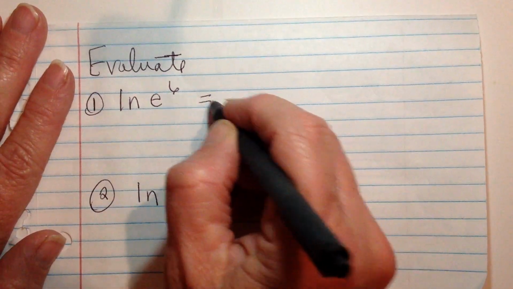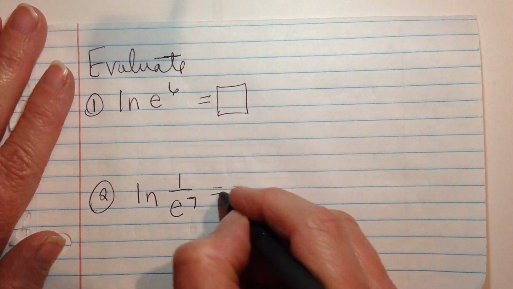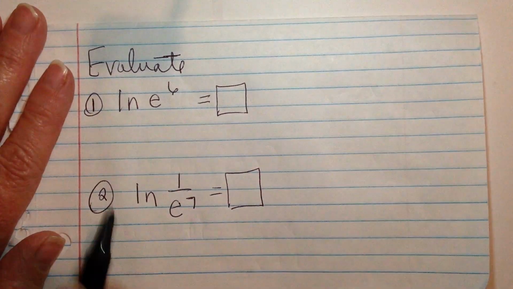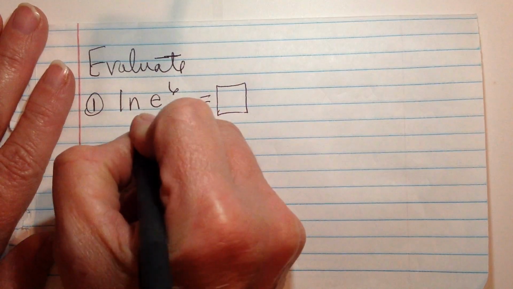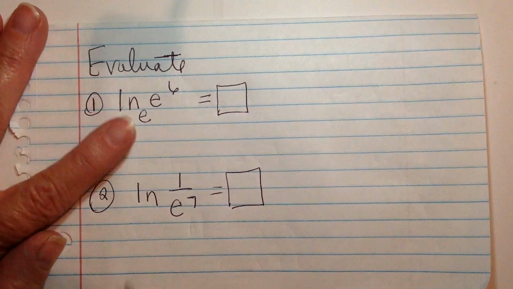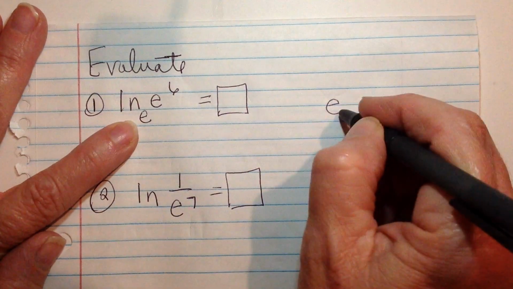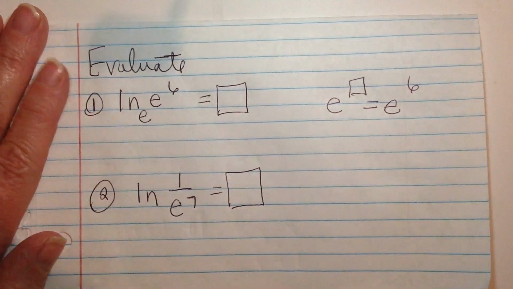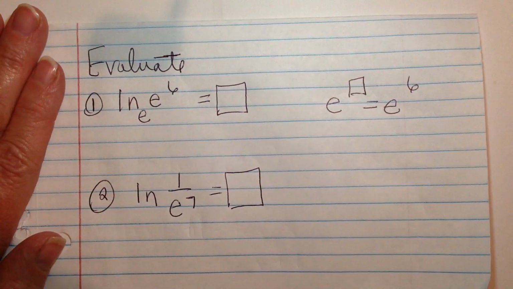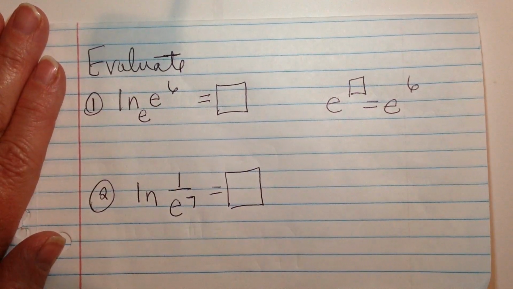To evaluate, you're looking for the exponent. Understand that ln has an understood base e. So what you're thinking about is e raised to what exponent gives you e to the 6th? Well, sometimes these problems are so easy, they're hard.